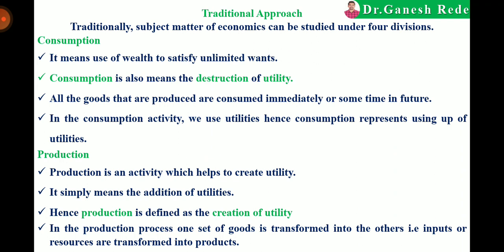So all the goods that are produced may be consumed immediately or after some time, in the future. As we know, there are some goods like food items that may be consumed immediately after preparation, or there are some items like clothes that we can use in future also.